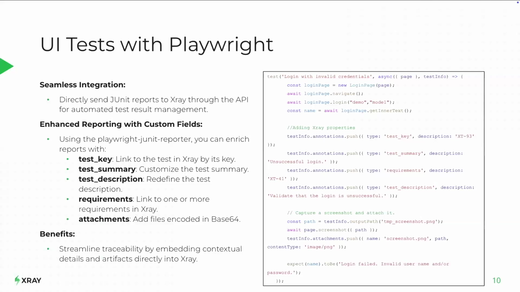You can also rewrite or define a description that is most suited for that test. You can also link that test to a requirement or even add attachments like files in base 64. This will allow you to increase the information that you can pass into Xray.